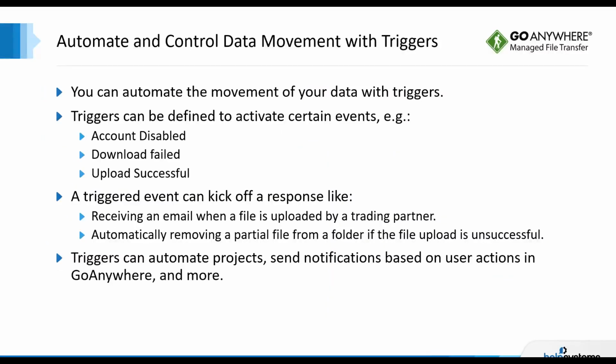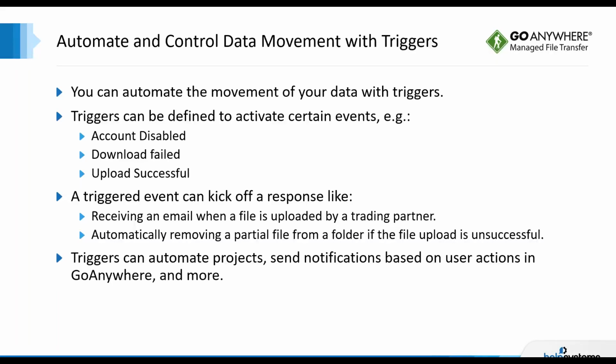We have triggers as well. The trigger is utilized when a web user signs on to your system to upload and download data. Every time they sign on, there are events that happen while they're signed on to your system. That event could be them uploading a file successfully. That event could be them logging on or logging off.